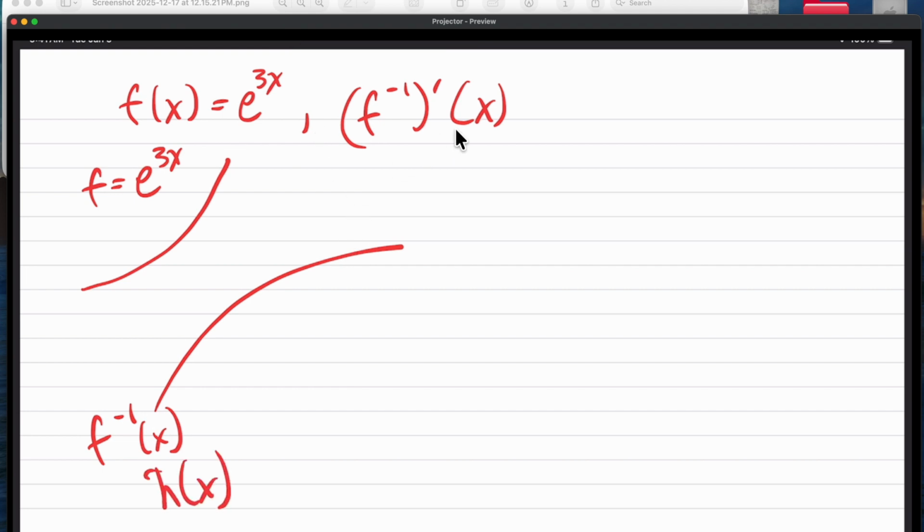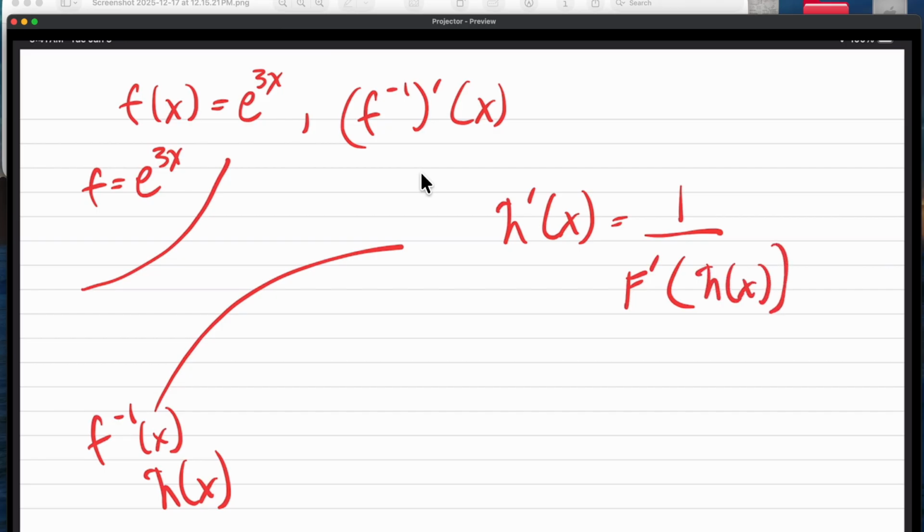Okay, so to find the derivative of the inverse function at a point x, that's the same thing as finding h prime at x, which is going to equal 1 over f prime of h of x. So we have a point on the inverse graph where x is the input and h of x is the output.